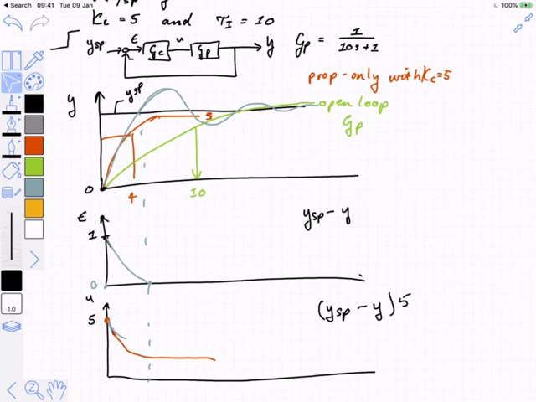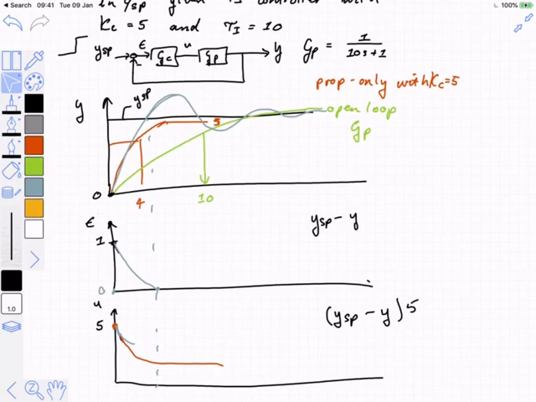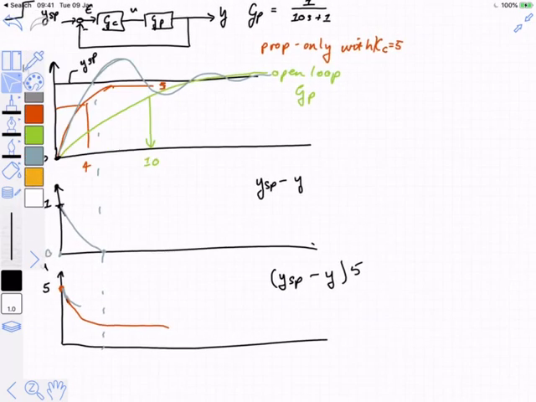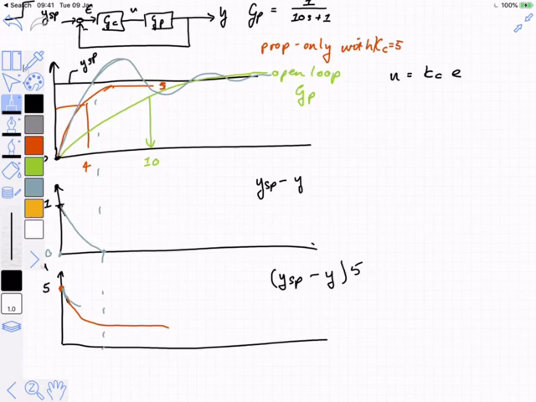Okay, so let's just remind ourselves of the math. A proportional controller just has U. So for a proportional controller, U is equal to KC E, right? That's the whole of the proportional controller. And there, 100% for sure, when E becomes 0, U will be 0.